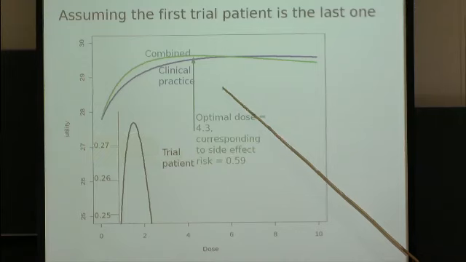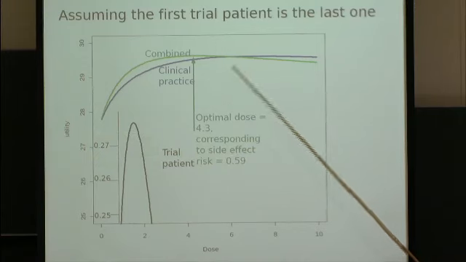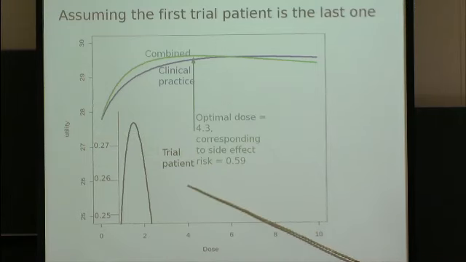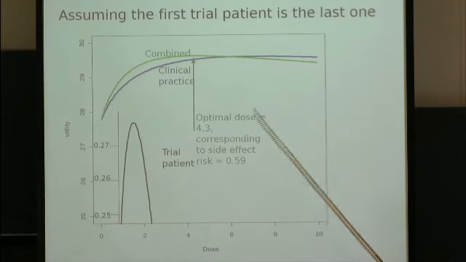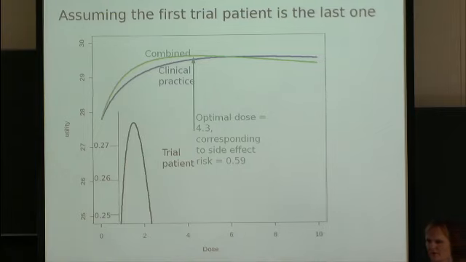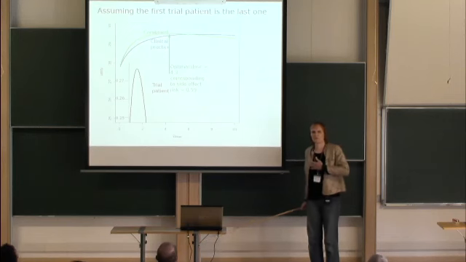But now we have brought them on the same scale, namely in benefit units, so that we can optimize the combined utility. And of course, in practice there's a problem with this, because it means that the first trial patients must sacrifice a lot of their utility for the sake of the common good.